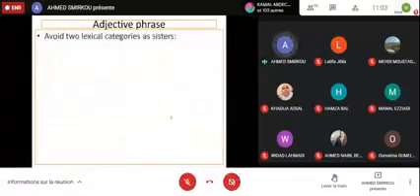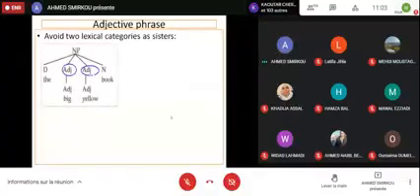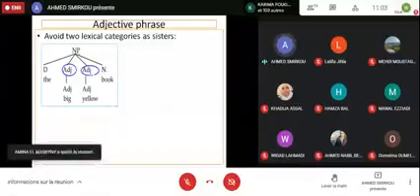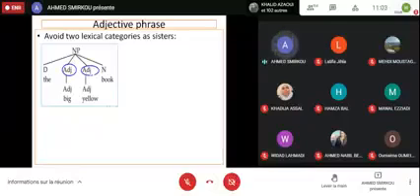Now, avoid two lexical categories as sisters. This is a common mistake. What did we say about the phrase? The phrase must contain only one lexical category, which is the noun here, because we're talking about the noun phrase. So we shouldn't have an adjective here. We should have an adjective phrase.